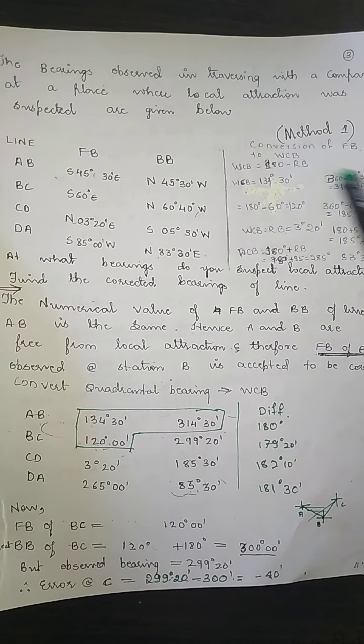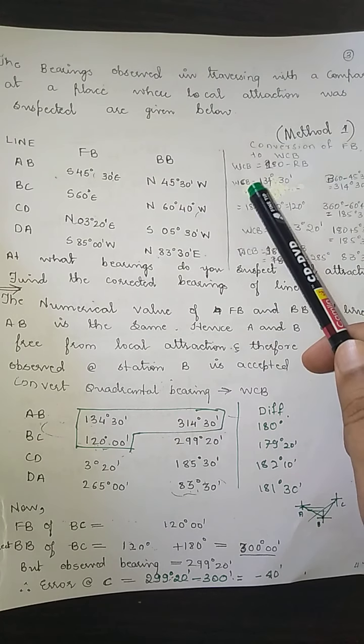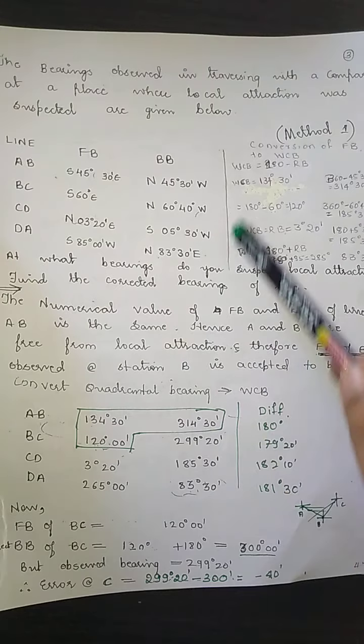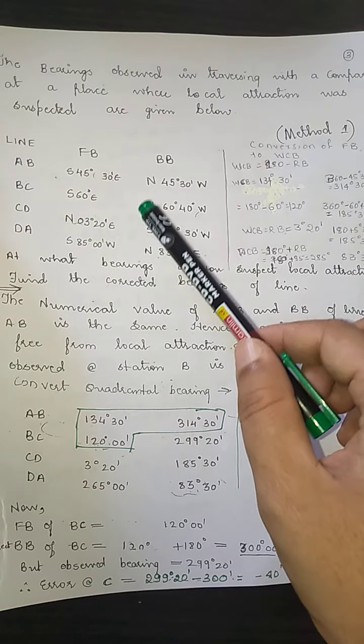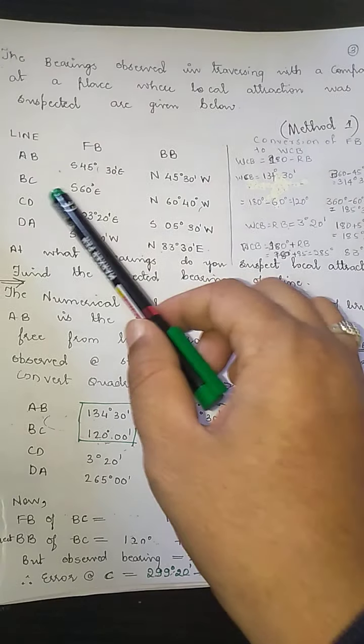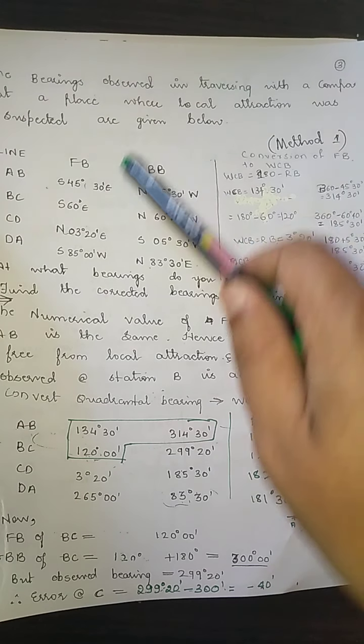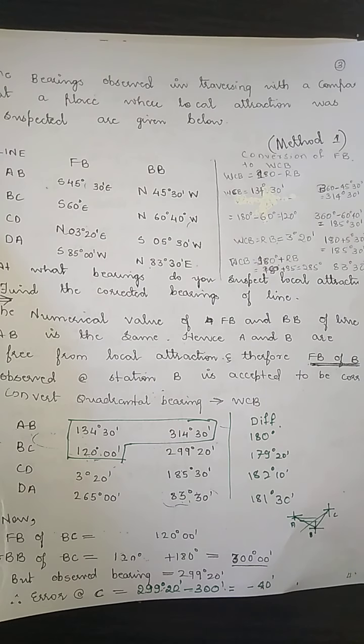If we take the fore bearing and add or subtract 180, we will be making a mistake. The back bearing has local attraction; you can see the difference, it is not exactly 180 degrees. So you need to convert whatever the readings are into the whole circle bearing system by using the formulas.